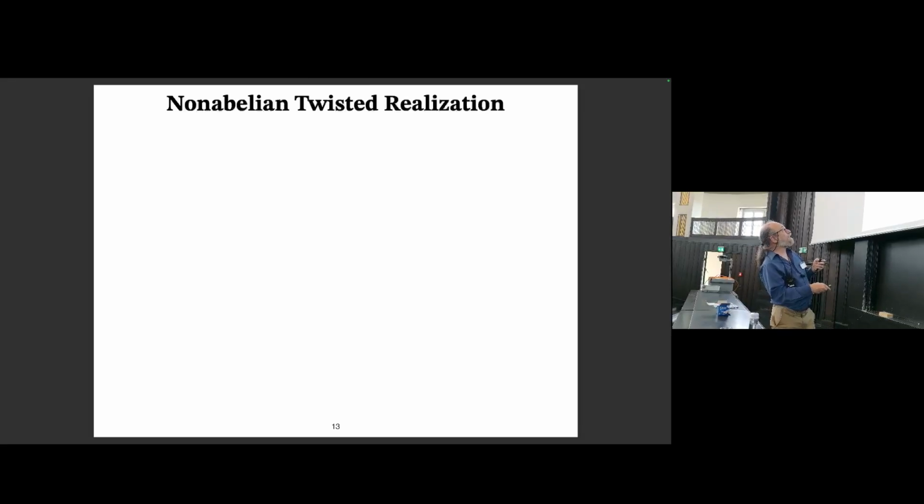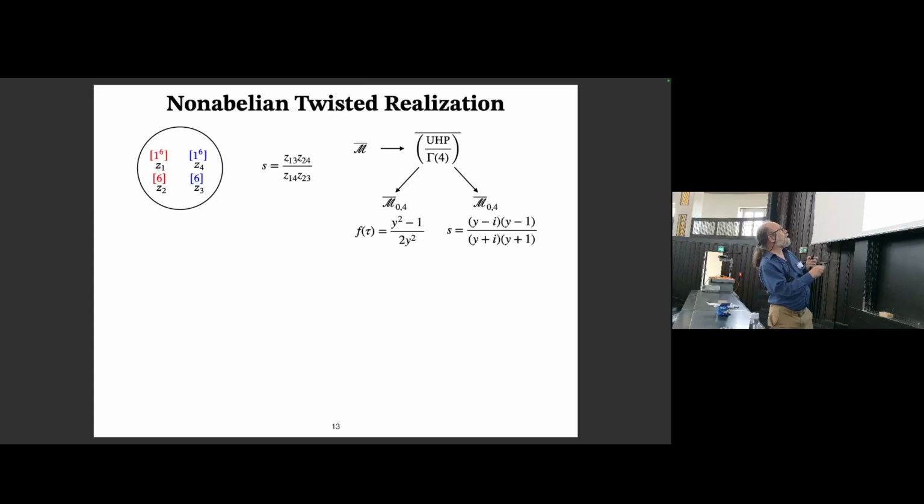But there's also a non-abelian twisted realization written here, where S is, again, the cross ratio. And the conformal manifold is some rather complicated cover that I don't want to describe, but which factors through the upper half plane modulo gamma of 4 and projects either to the space of gauge couplings described on the previous slide or to the space of cross ratios over here via these 2 distinct maps.